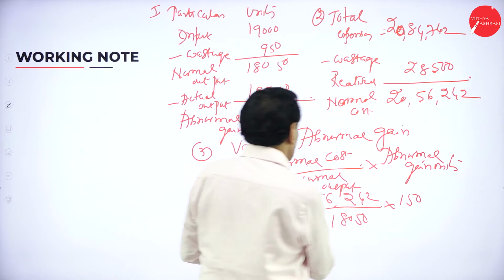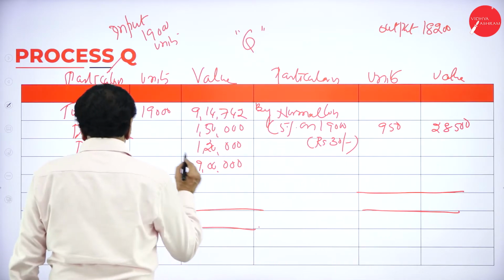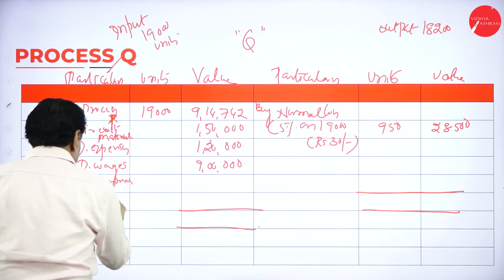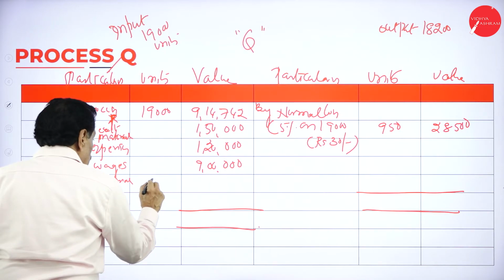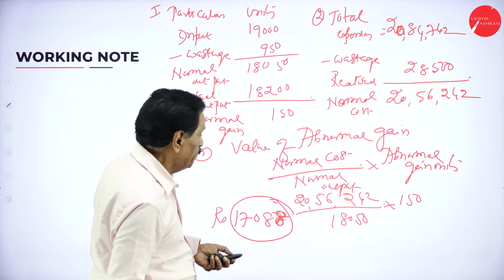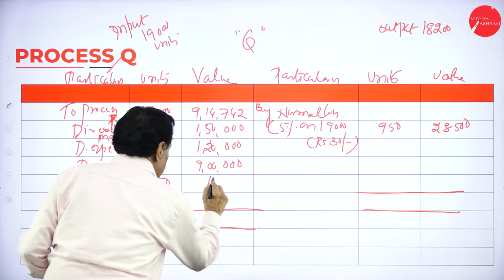For how many units? 150 units. To abnormal gain, 150 units, value 17,088.